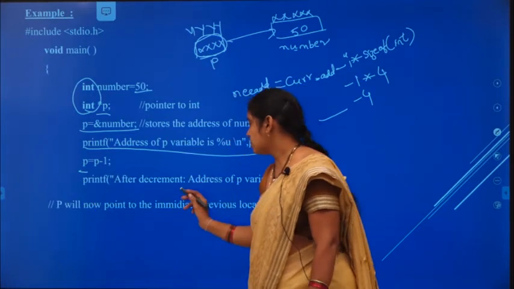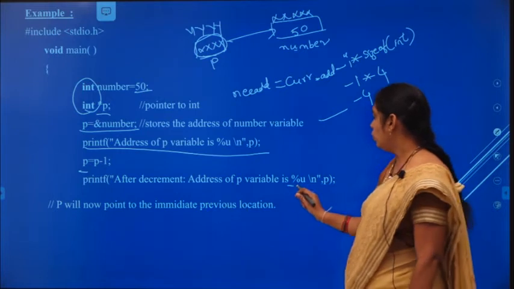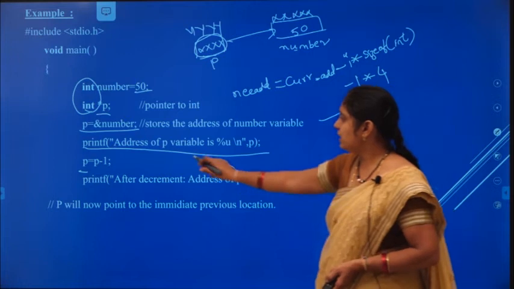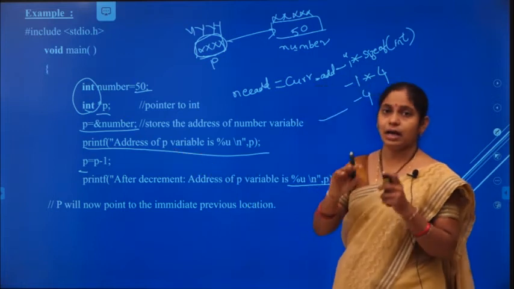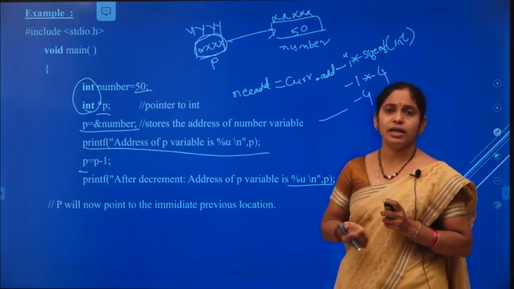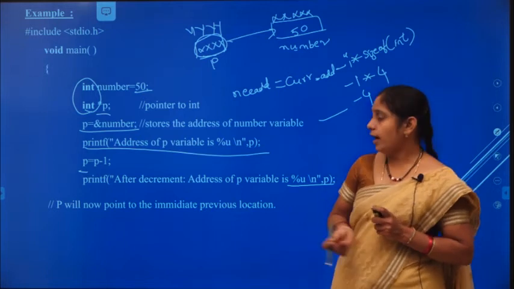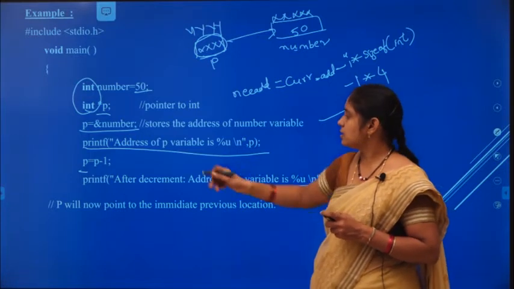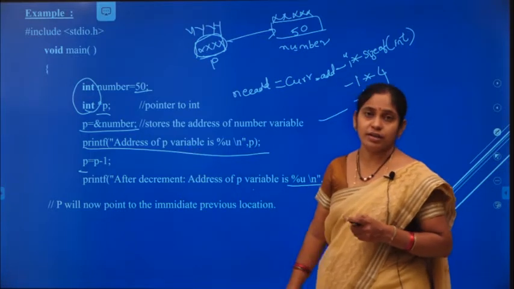Here we print the value of p after decrement. In the first printf statement we printed the value of p before performing the decrement operation, and in this printf statement we are printing after decrement. This is before and this is after decrement.